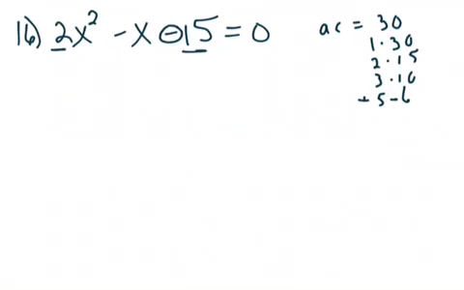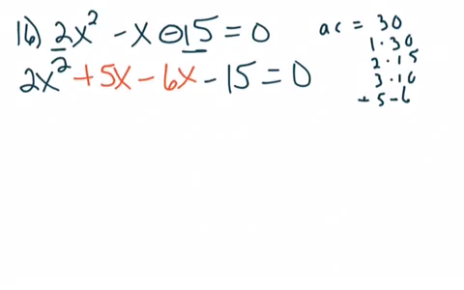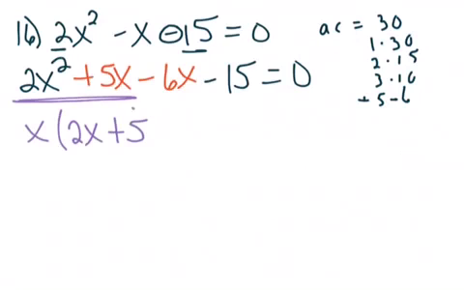So what we need to do is put those in the middle. So that's 2x squared plus 5x minus 6x minus 15 equals 0. Then we take the common factor out of the first 2, which is x, and that leaves 2x plus 5.